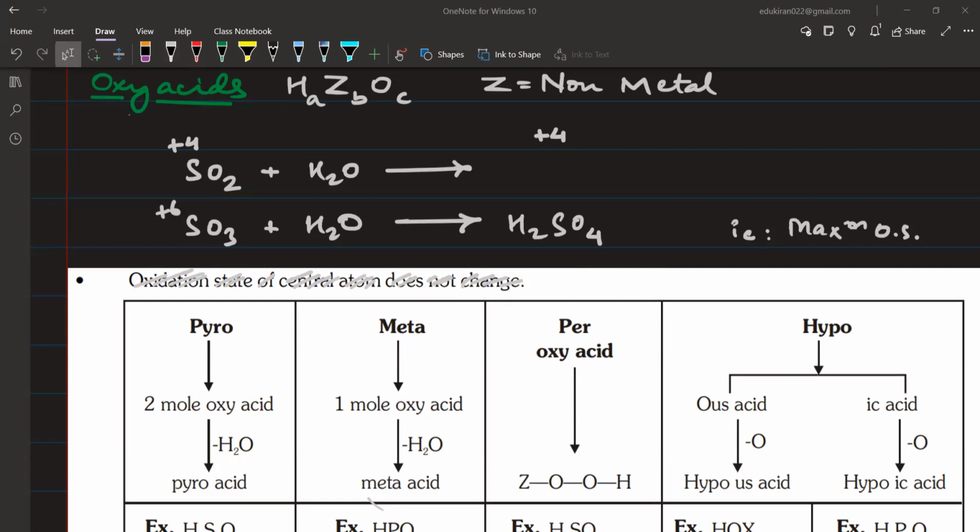Yes, very good Arpit, correct. बस यहाँ से आप एक ऑक्सीजन निकाल दीजिए, +4 हो जाएगा, H2SO3, ठीक है। ये क्या हो गया आपके पास? This is ous, will be just below ic. ic में से आप दो निकाल दीजिए, आपको क्या मिल जाएगा?